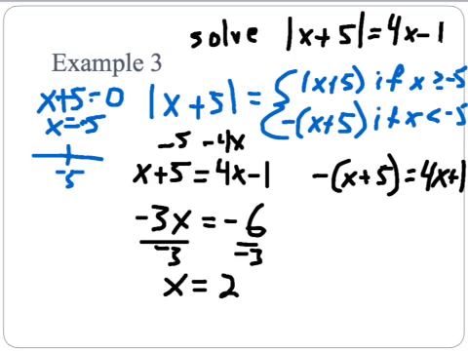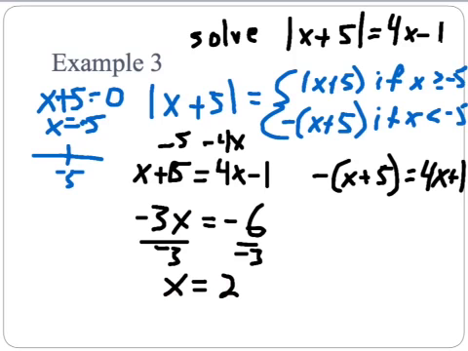Now what we have to do is look at x equals 2. When we pulled out the inside part of the absolute value, we said it was positive. So we have to look at this x equals 2 and ask, does that fit in this domain? Because for this domain, we said this has to be positive. If x is not within this domain, then we can't do this.